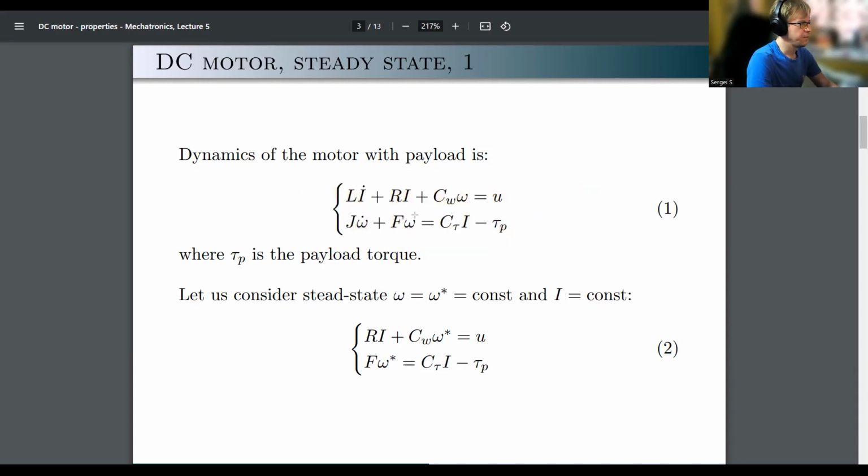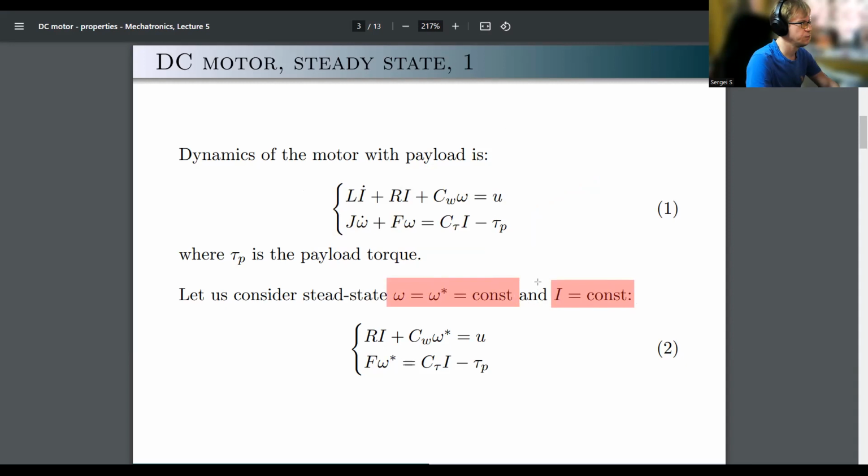Now consider steady state. What is steady state? Let me remind you, it is when state variables do not change. So here, omega is equal to omega star and is constant, and our current is constant.